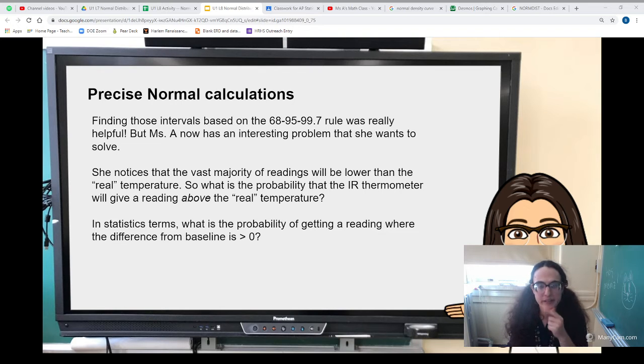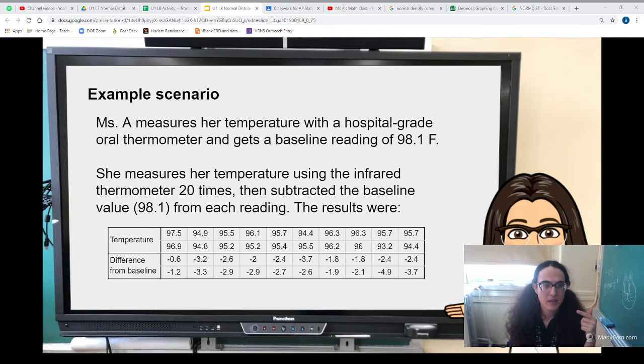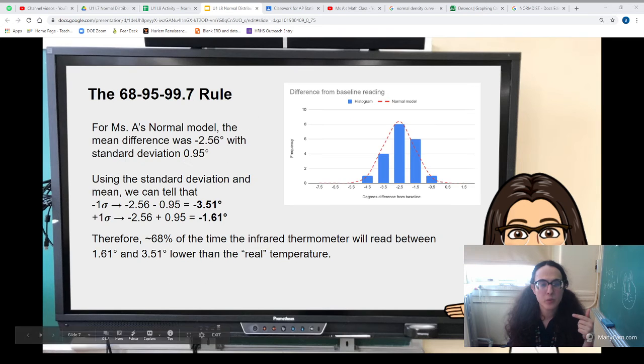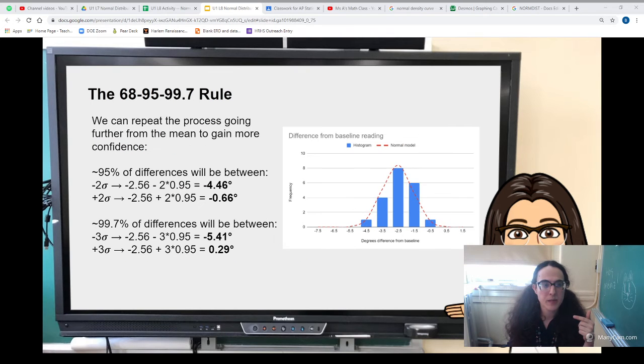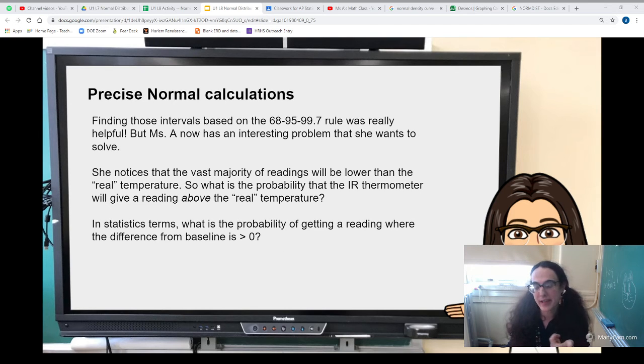But here's one thing that I noticed in all of this. With my real data, I never got a difference that was above 0. But when we look at this normal model, and especially at 3 standard deviations, our model is going to predict that some readings will overestimate. They will have a difference over 0. So now the logical question that a nerd of Miss A's caliber will have is, what's the probability of that happening?